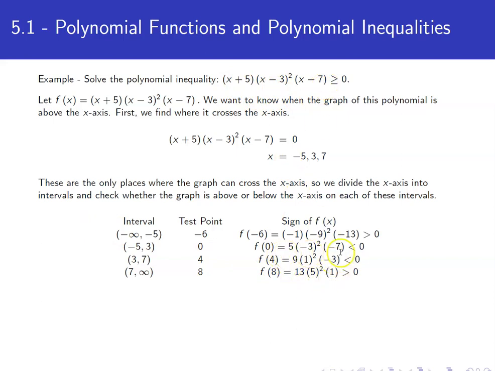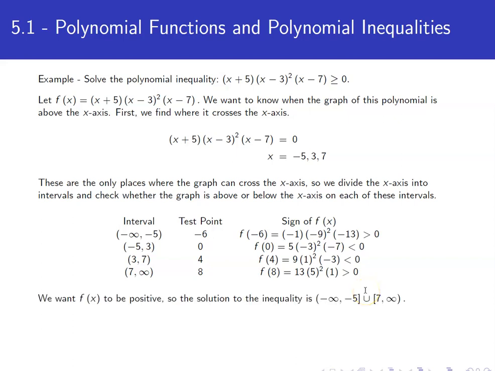And we can see that with the actual numbers that are plugged in here. So it'll be negative. So again, that tells us that on the entire interval from -5 to 3, the function is negative. Put in 4, we'll get a positive times negative. So the whole thing is negative. Finally, to plug in 8, we'll get positive times positive, so the whole thing is positive.